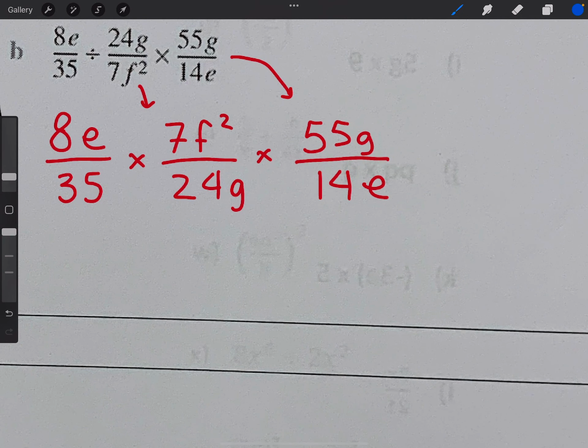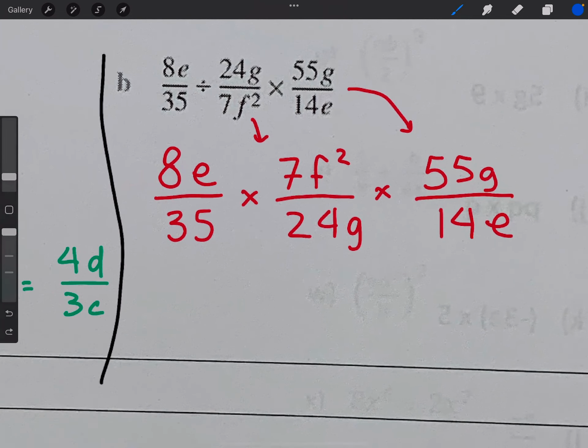Okay, because they're all multiplying, we can simplify, one from the top, one from the bottom. So what can I simplify? I can look at 8 and 24, and I can divide them both by 8. So this will be 1, and this will be 3. What else have we got? We've got 7 and 35. I can divide by 7. I get 1, and divided by 7, I get 5.